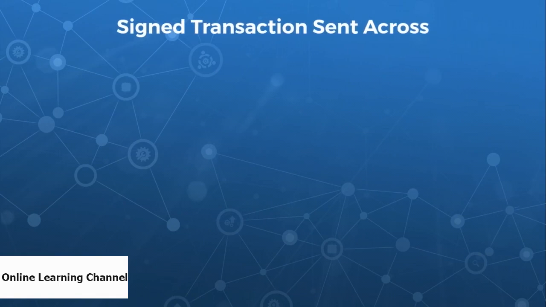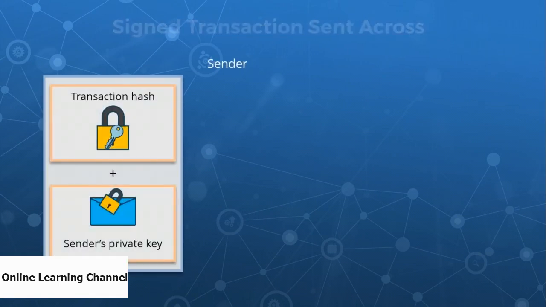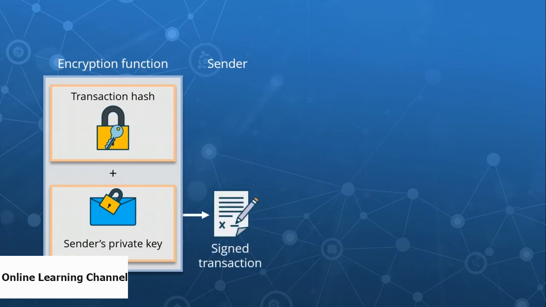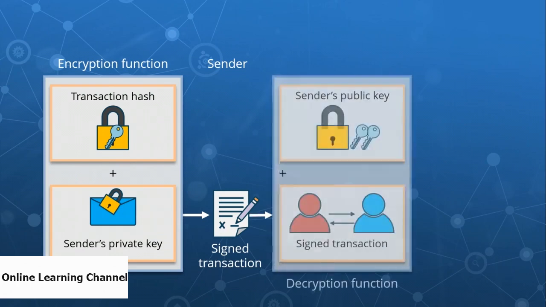So on the left, we have the sender side of the transaction, where the sender uses an encryption function whose inputs include the transaction hash as well as the private key of the sender. When both of these are combined, what we get as output is the signed version of the transaction. This signed transaction will then become an input to the decryption function, which is available at the recipient.